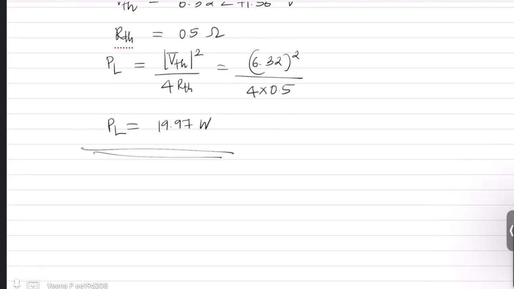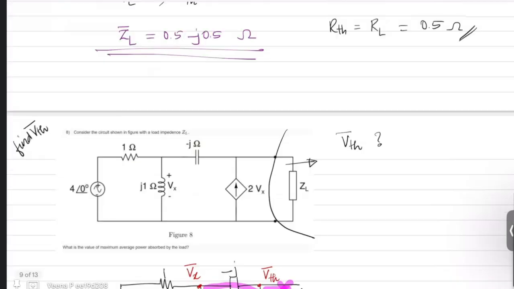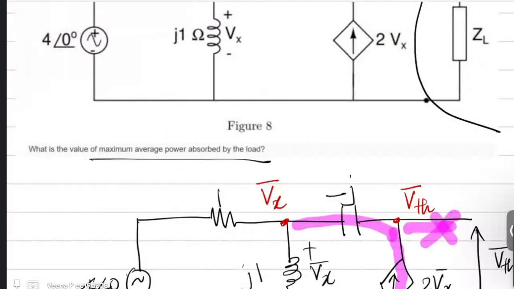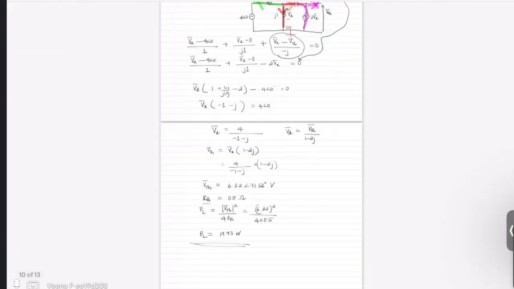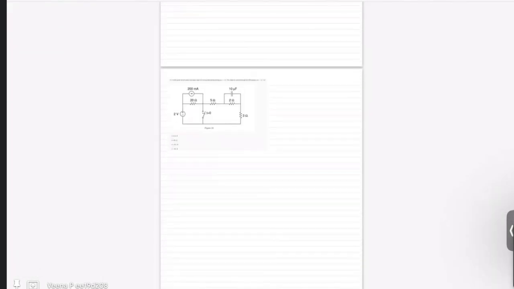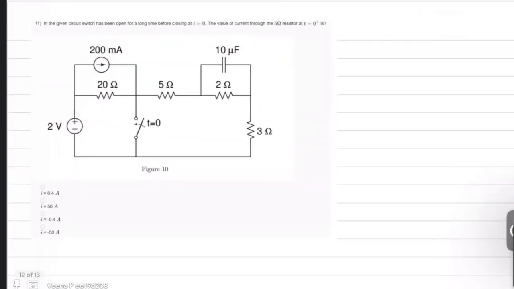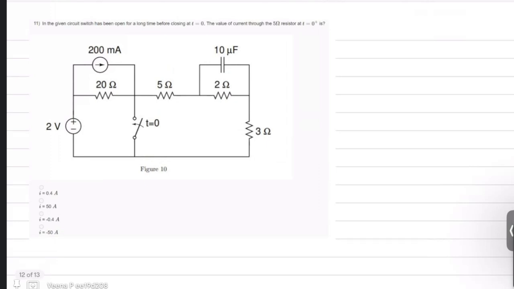So this is the value of the maximum average power absorbed by the load. Please go through the next question.